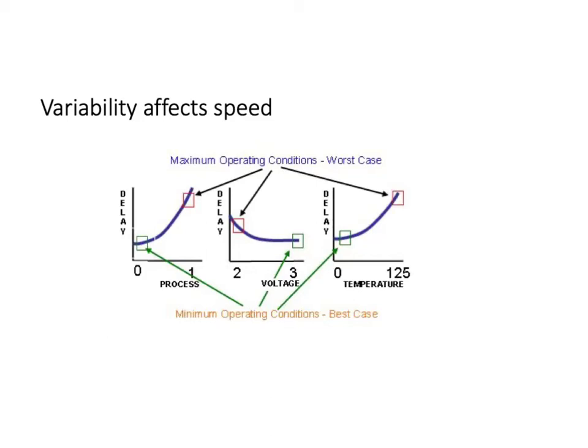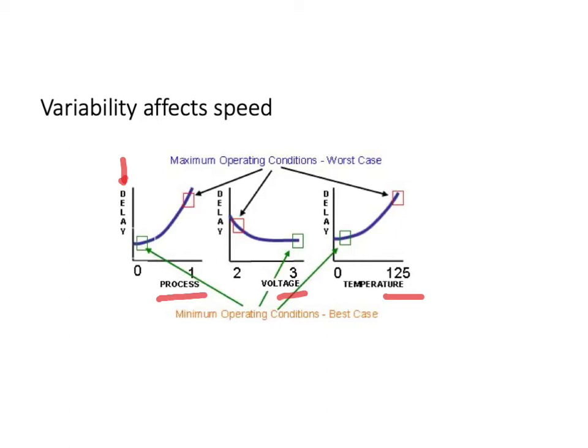In the last video session, we discussed the effect of process non-idealities and variability in the voltage and temperature operating conditions, which actually introduces variability in the performance, specifically the delay of logic gates in a VLSI digital system.